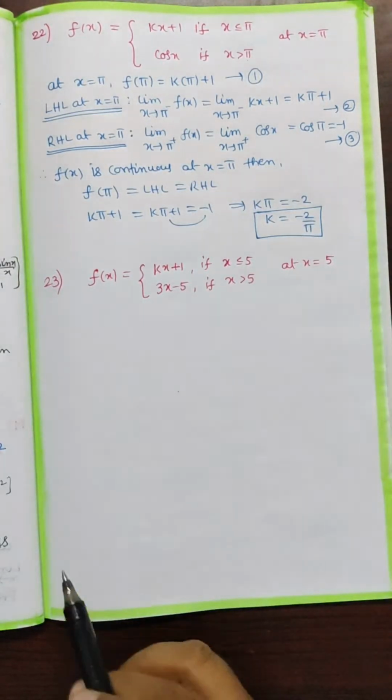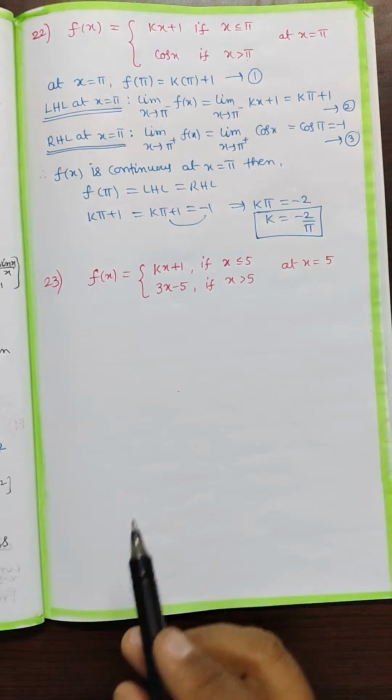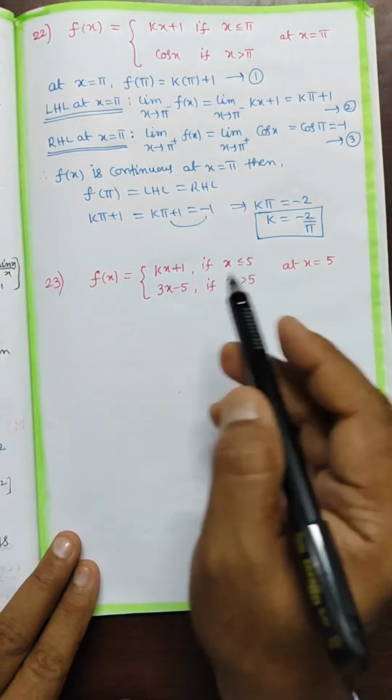See, dear students, how we will follow this. First, at x is equal to 5 here.